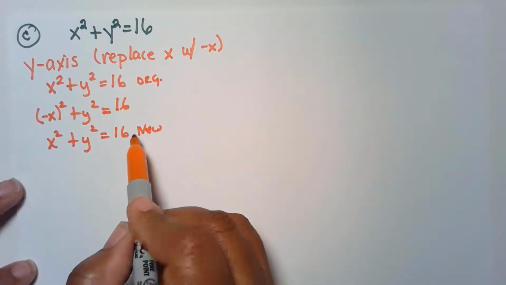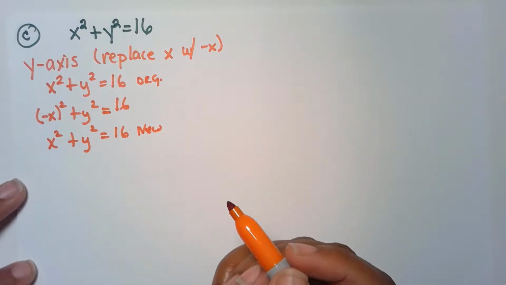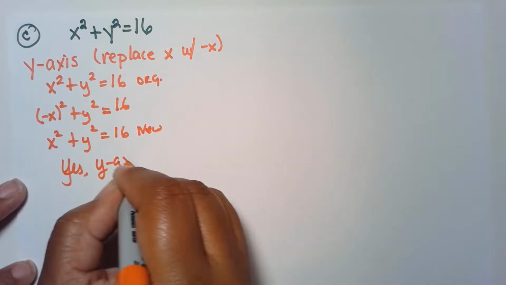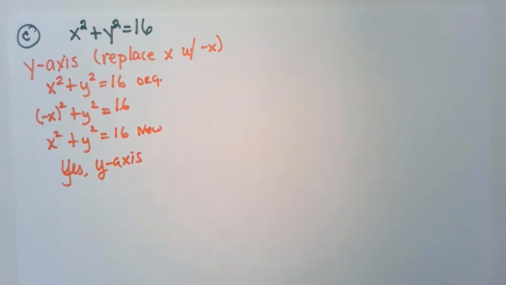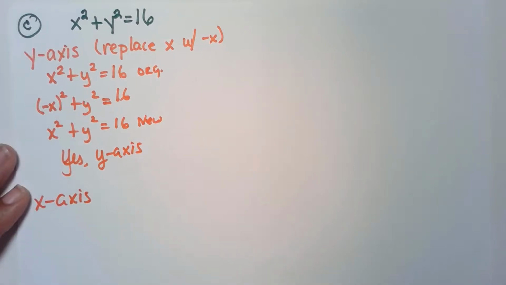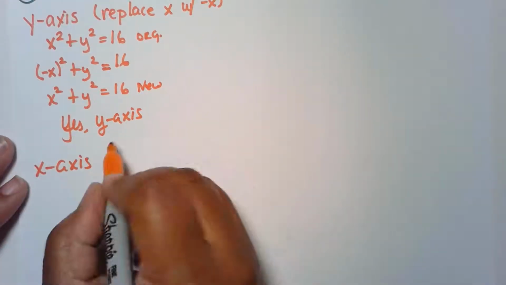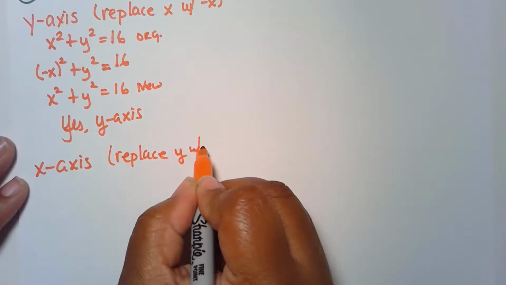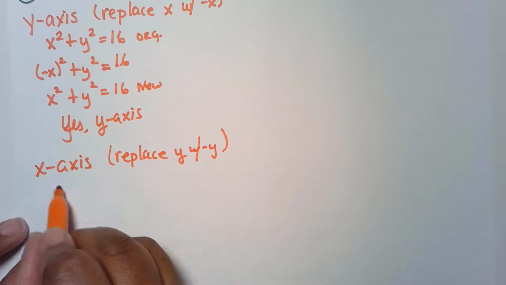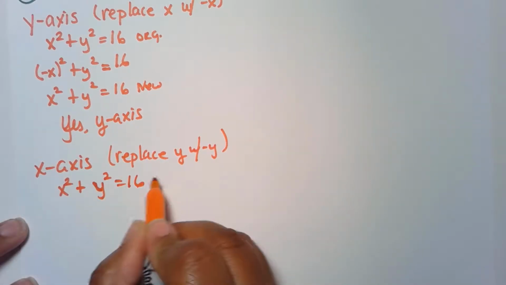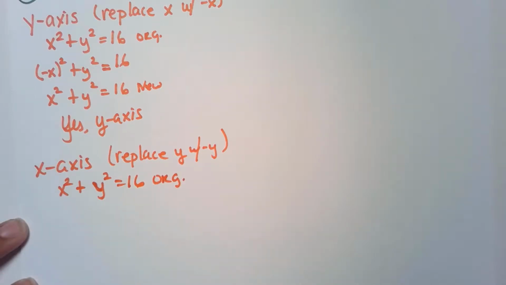Does our new equation match the original equation? Yes or no? So I'm going to say yes, and just say y-axis symmetry, or symmetric with respect to the y-axis. The x-axis. Replace y with negative y. x squared plus y squared equals 16, our original equation.